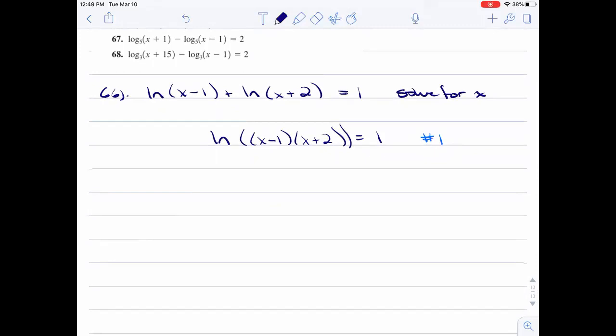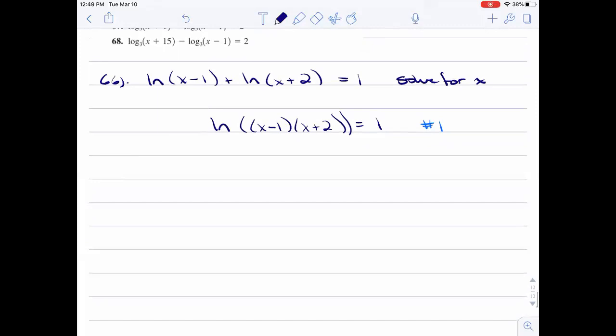Natural log is log base e. So if I take e to the power of both sides, then I'll be able to shake this out. Here, e to the natural log of x minus 1 times x plus 2 is e to the power of 1.